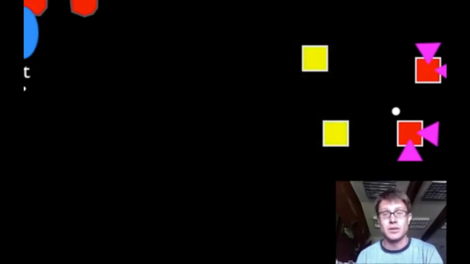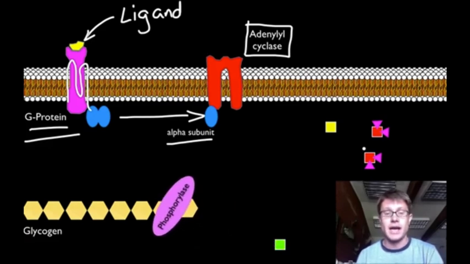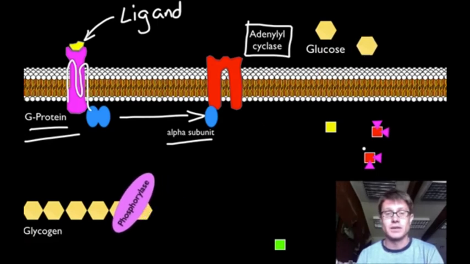And they change now from a green to kind of a yellow activated color. They then can act on enzymes within the cell. Sometimes they'll act through a number of different molecules within the cell. In this case, it's going to drop off that phosphate to phosphorylase, and it's going to activate phosphorylase so it can release glucose from glycogen within the cell.